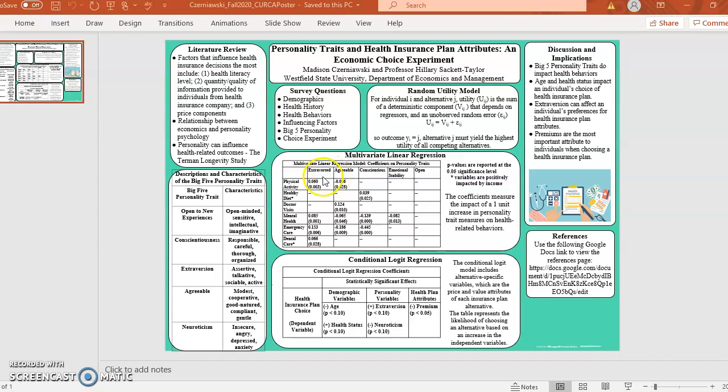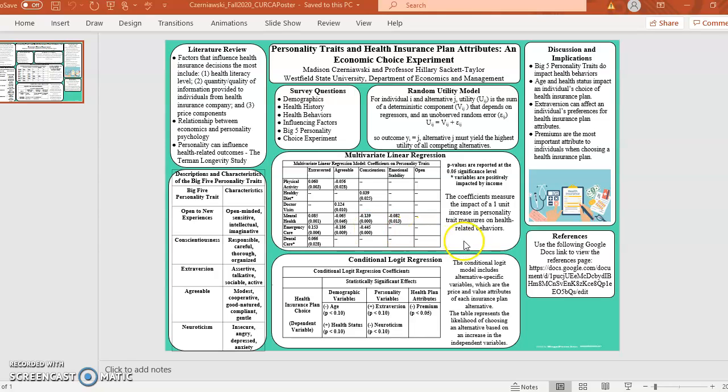So for example, extroversion had a positive impact on physical activity, mental health, emergency care, and dental care. Agreeable had a negative impact on physical activity, a positive impact on doctor's visits, and negative impacts on mental health and emergency care.